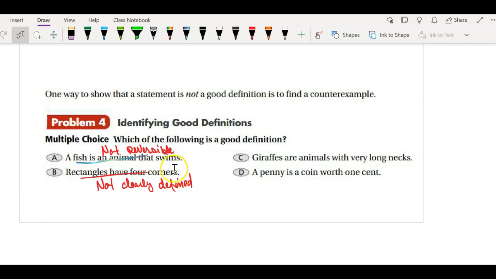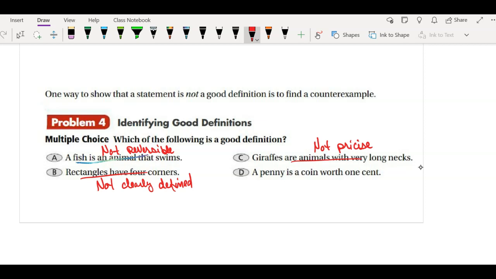The next one, giraffes are animals with very long necks. This one is not precise. It uses words like very. The next one is a penny is a coin worth 1 cent.